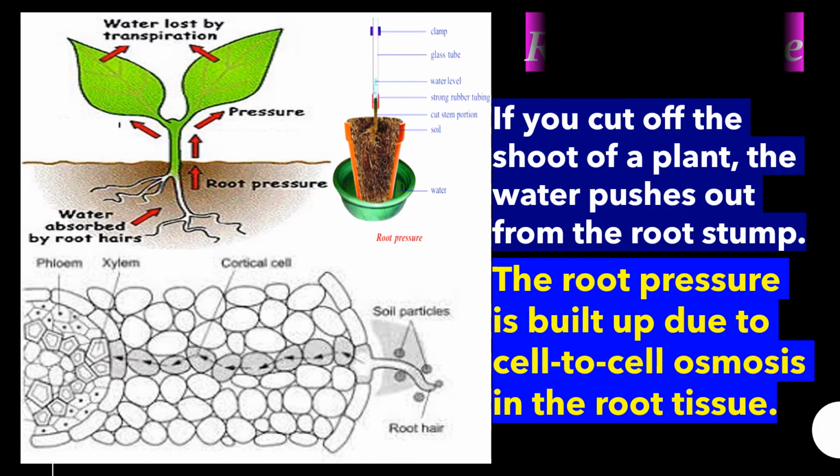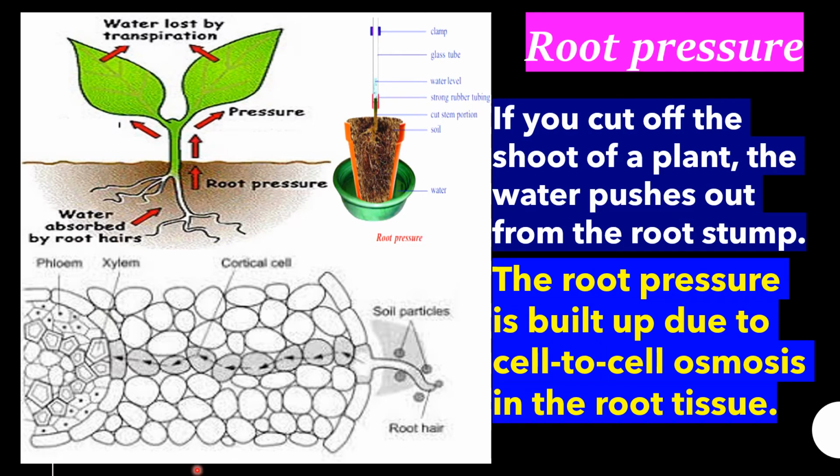Yes, what is root pressure? We already discussed that in our earlier slide. Root pressure is built up due to cell-to-cell osmosis in the root tissues. Here you can see these are root tissues. If you cut off the shoot of a plant, the water pushes out from the root stem.